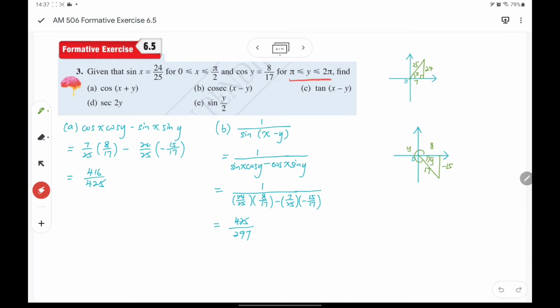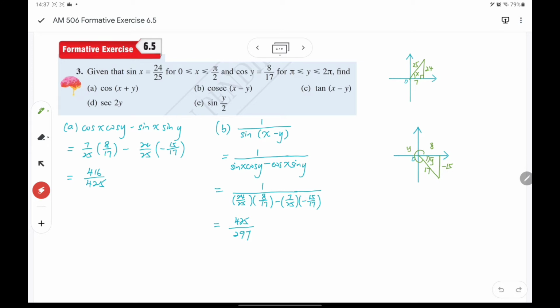So from pi to 2 pi, cosine positive will be only in the fourth quadrant. So the triangle we need to build is in the fourth quadrant, with the adjacent as 8, hypotenuse as 17. So we can calculate the opposite is 15. But because it is below the x-axis, going downward, we have negative 15.